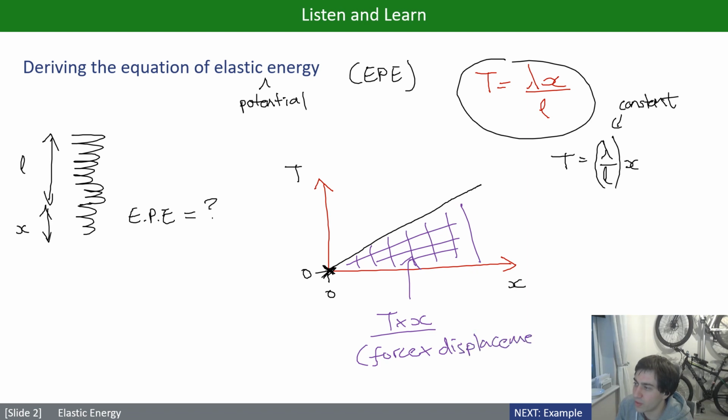And what do we know about that? If you multiply a force by a displacement, you're effectively going to get energy, right? You're going to get work done. So this is work done, or energy.